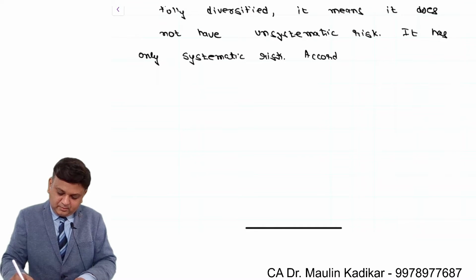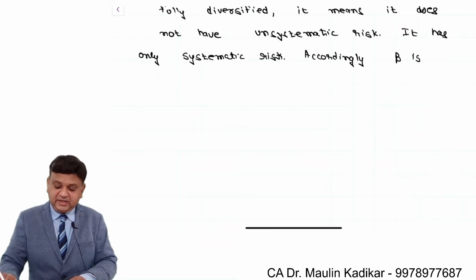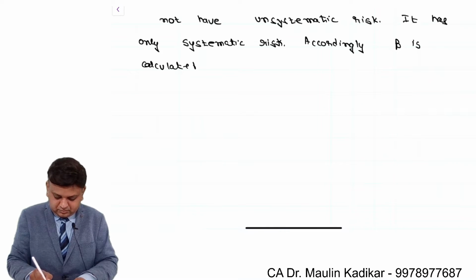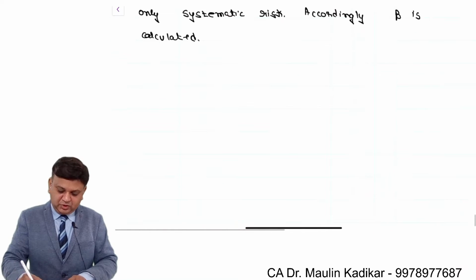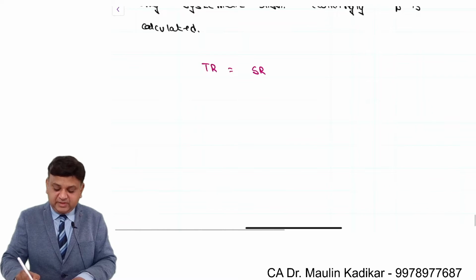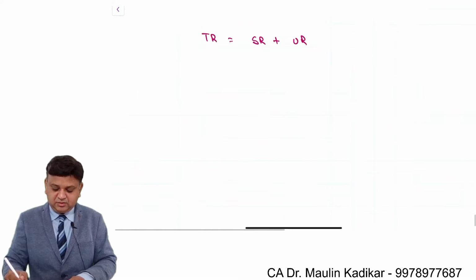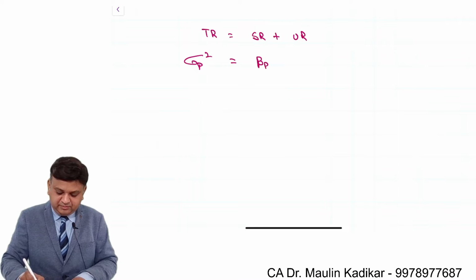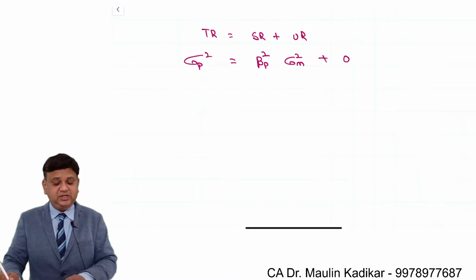Accordingly, beta is calculated. So write down: total risk is equal to systematic risk plus unsystematic risk. Total risk is equal to the variance of the portfolio. Systematic risk is beta of the portfolio square into variance of the market portfolio plus unsystematic risk, which is 0.